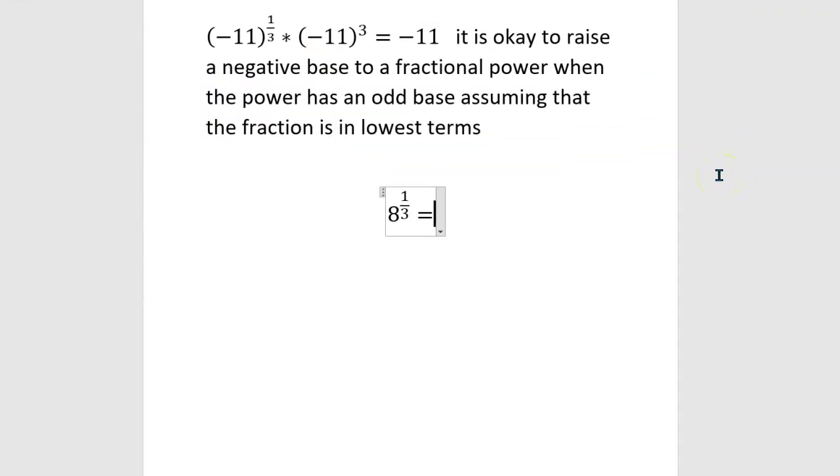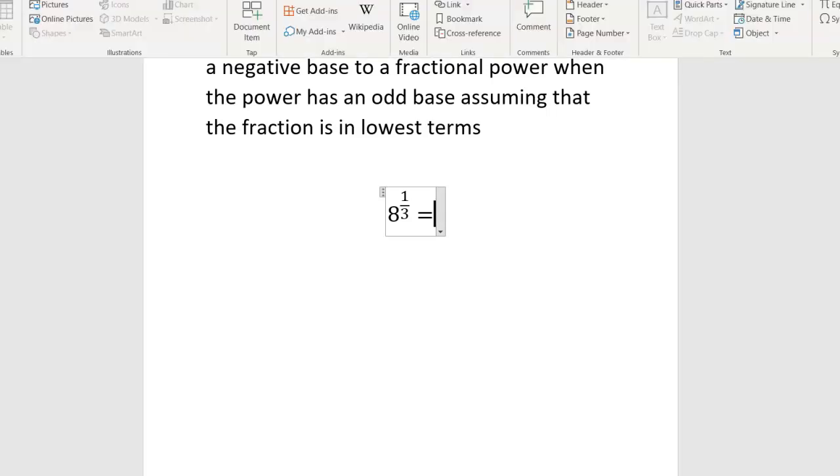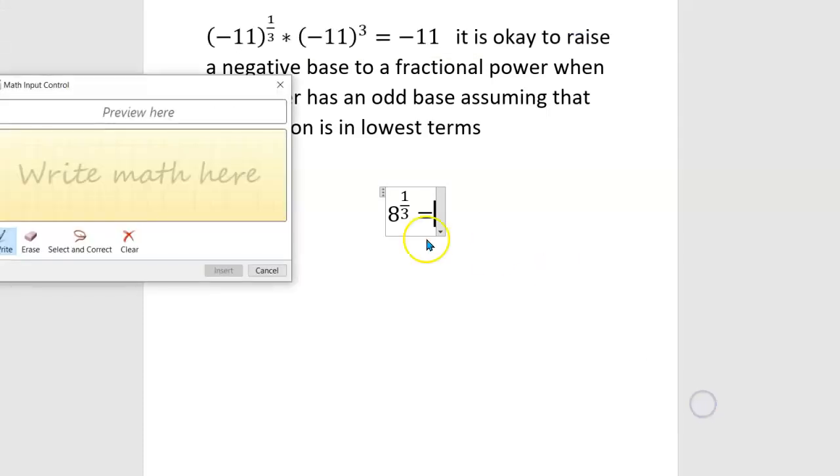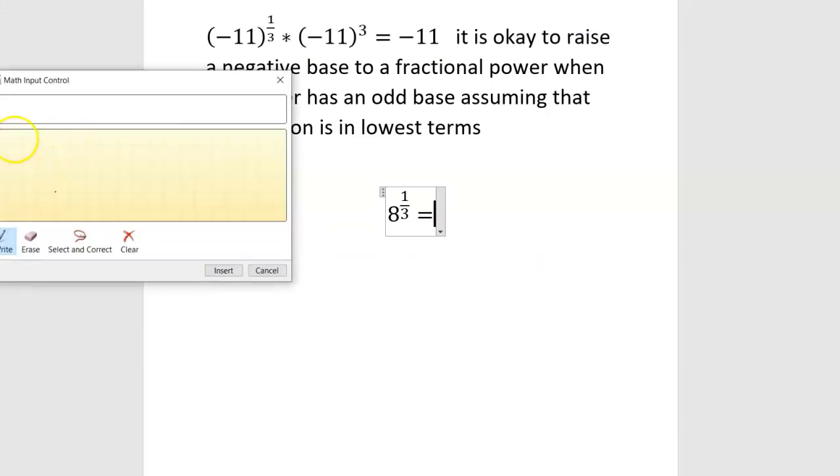And that beats all. This video may be shot. Insert. Equation. Symbols, maybe? It usually shows it up here. Huh. I may have to go to ink equation. Yeah, here's ink equation. But I usually don't have to do this.